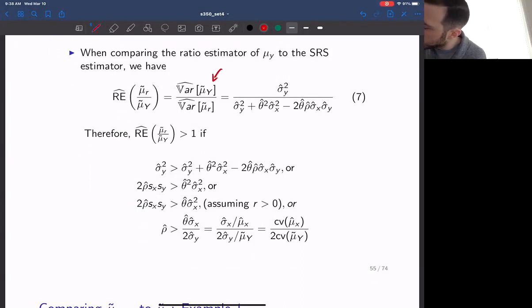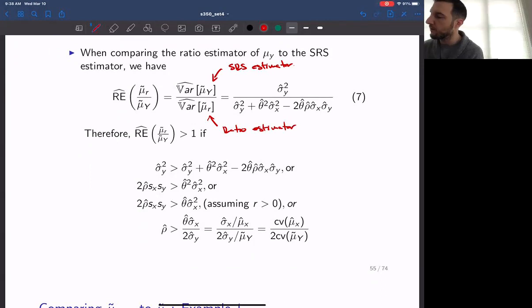Okay, so this here is our SRS estimator, and this here is the ratio estimator. Now going back to the point that I was making before, as a reminder, this first variance term looks like this, where you have sigma squared y, which is simply the variance of the observed value of interest.